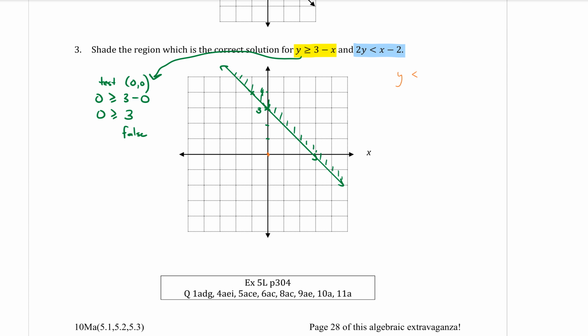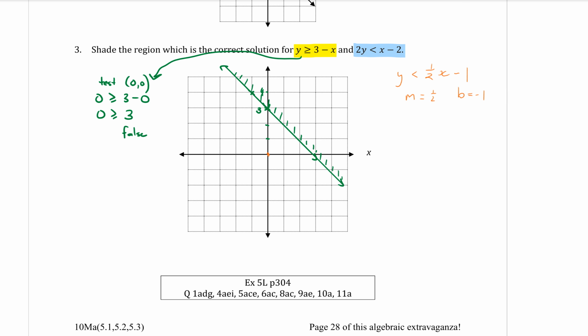So that's x divided by 2, or in other words, half x. And minus 2 divided by 2 is minus 1. Okay, so from that I can read off my gradient and my y-intercept. You can write them down if you like. M is going to be equal to a half, and the y-intercept is going to be equal to negative 1.